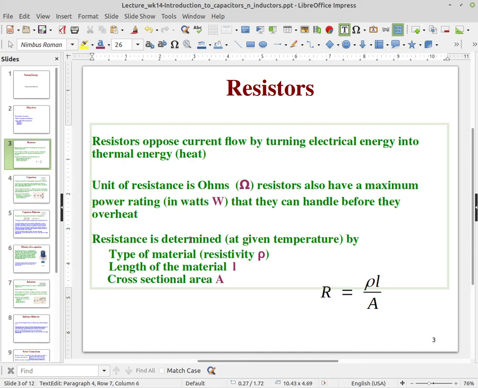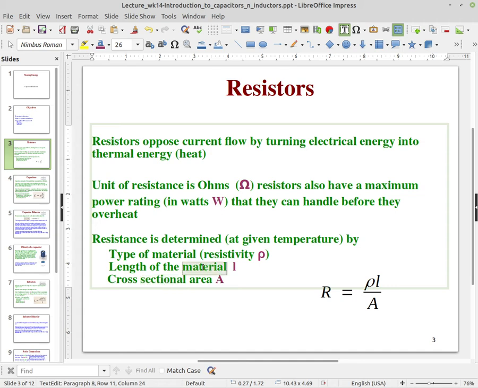Resistance is determined by the physics of the element. There's the resistivity, which discusses the type of material and how easily current will pass through that type of material, times the length of the material divided by the cross-sectional area.